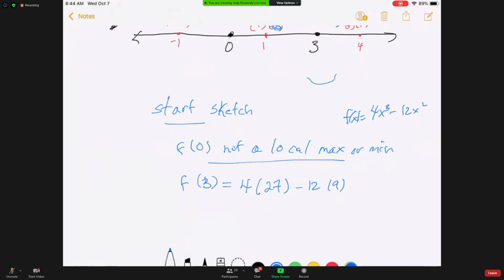Okay, I'm going to factor. I can pull a 4 out of both numbers. I can pull a 9 out of both numbers. And that leaves me with 3 minus 3. No. Oh, that can happen. Okay. 3 minus 3. 4, 3 cubed. Yeah, that's right. This is 0. Okay.